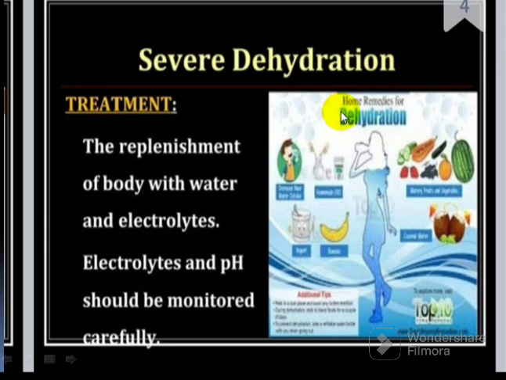Alright? I told you that insulin, what is the function of insulin? It supplies the cell with glucose, energy, right? Good. Now, remember that when glucose moves to the cell, water also moves with it.